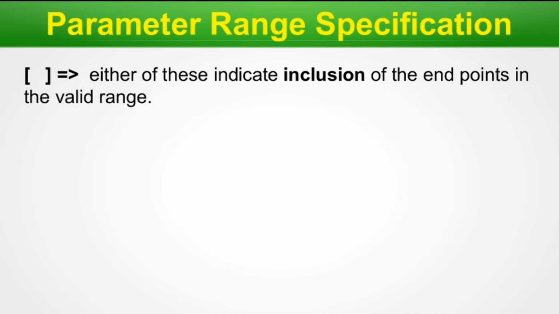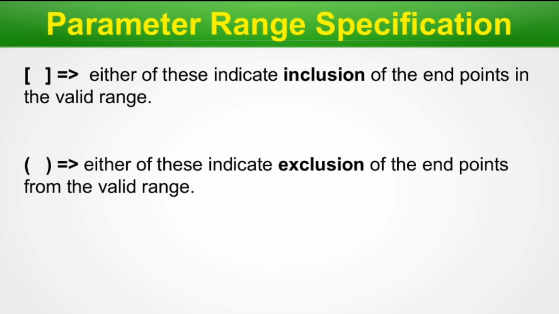This rectangular bracket means either of these indicate inclusion of the endpoints in the valid range. So if we define a range for a parameter and if we use this rectangular bracket, then it will be the included values. So the left hand limit and the right hand limit, both, or the lower limit or the upper limit, will be both included in the range.